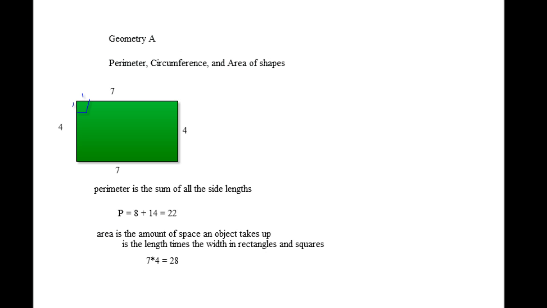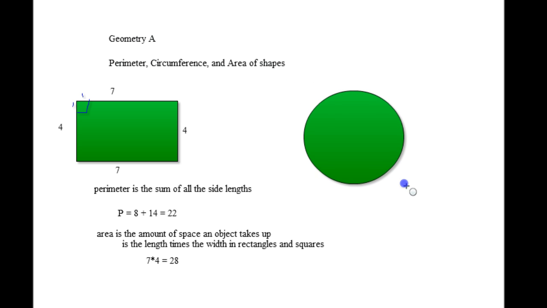Now if we were talking about a circle, a circle doesn't have a perimeter. It's because if the perimeter is the sum of all the side lengths, there are no sides to a circle. So we're going to be talking about something else. Its circumference is the perimeter of a circle.